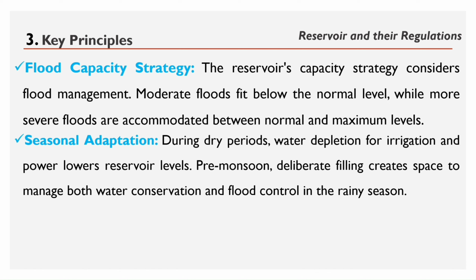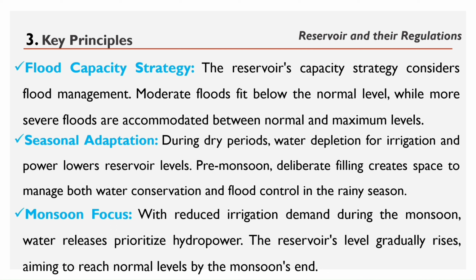Pre-monsoon, deliberate filling creates space to manage both water conservation and flood control in the rainy monsoon season. With reduced irrigation demand during the monsoon, the rainy season, water releases prioritize hydropower. The reservoir's level gradually rises, aiming to reach normal levels by the monsoon's end.